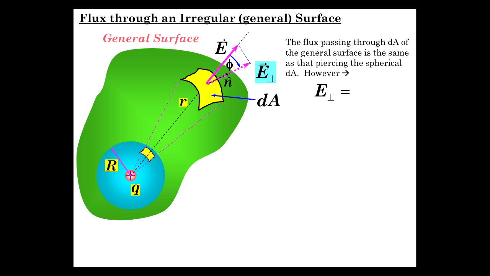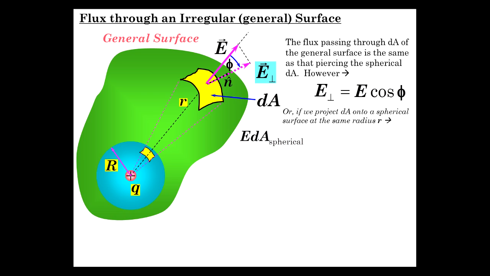E perpendicular is E cosine of phi, and since this is going to be less than 1, then E has to be greater than E perpendicular. All right, that's pretty obvious, I guess.